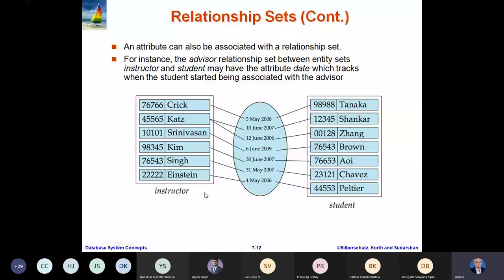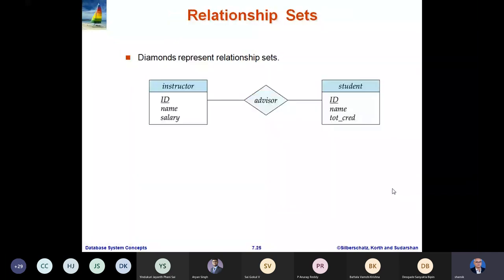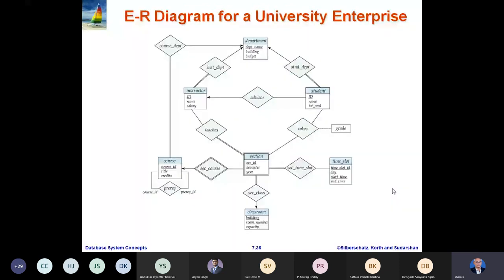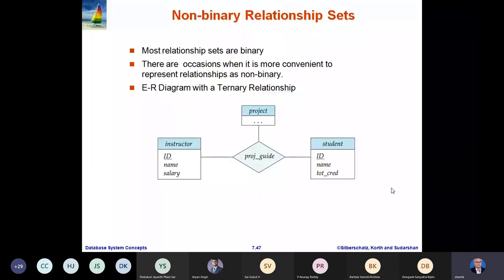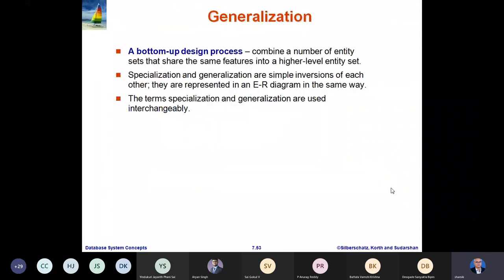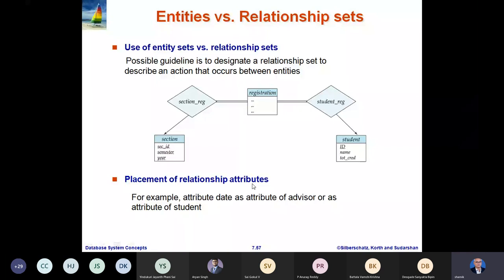But if it is one to one, you could possibly think I could as well make it an attribute of the student, because it will be unique for a student and the instructor, since instructor to student is one to one anyway. That is the possibility in placement of relationship attributes. But the attribute comes into the picture because of the relationship; it is not an inherent property of a student or of the instructor. So it would be good to place it with the relationship. This is another design issue we often keep in mind.